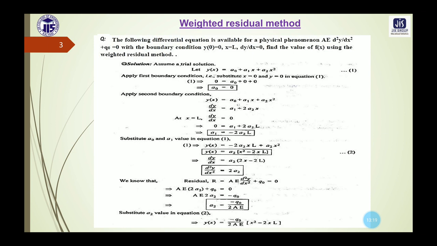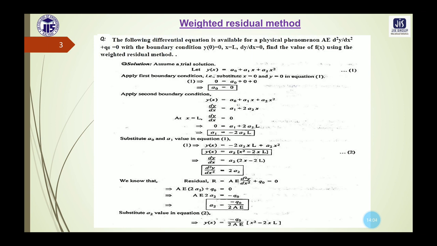If we put x equals 0, then y is 0, a0 is a constant part, and a1x is 0 because x is 0. Next, a2x square: as x equals 0, x square is 0, so this last part is also 0. So putting the first boundary condition, y equals 0 at x equals 0, we get a0 equals 0 from this trial solution.